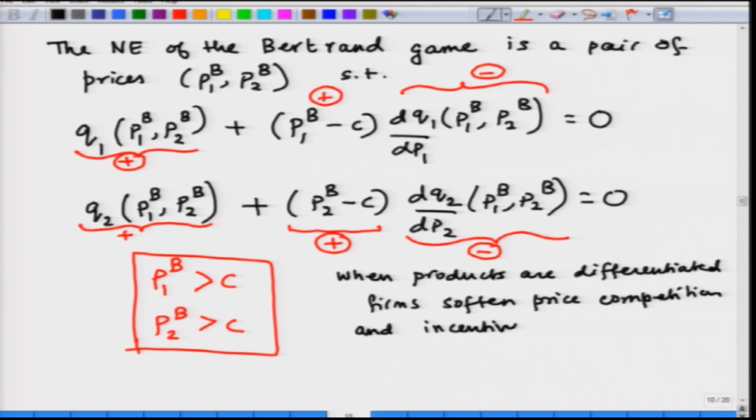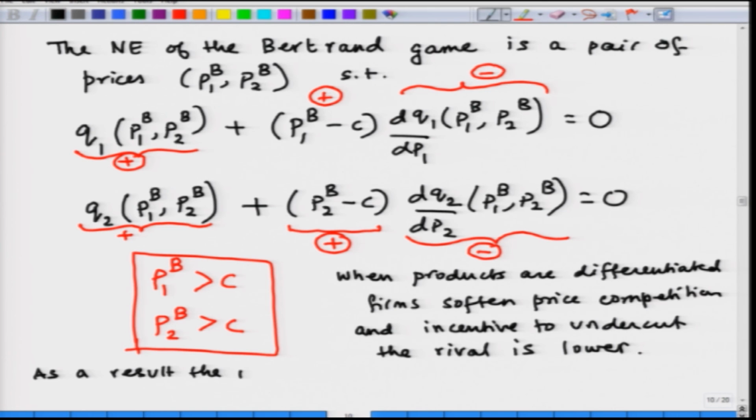As a result, the intensity of price competition is reduced, and both firms exercise market power in equilibrium.